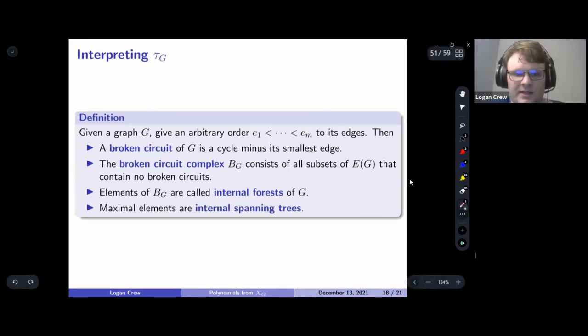And we will call the maximal elements of this thing internal spanning trees. Note that this does not need to actually be a spanning tree if the graph is disconnected. If it's connected, it is actually a tree, of course. But even if the graph is not connected, I'm still going to call maximal elements of this thing spanning trees, even though they technically have some extra components.